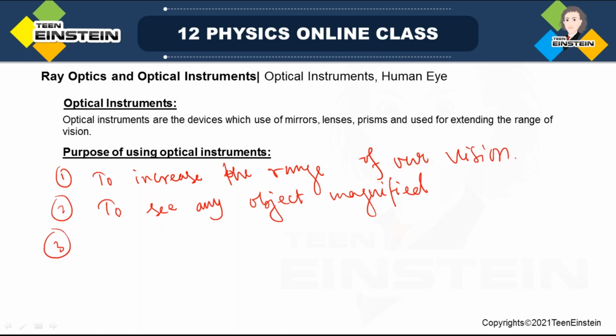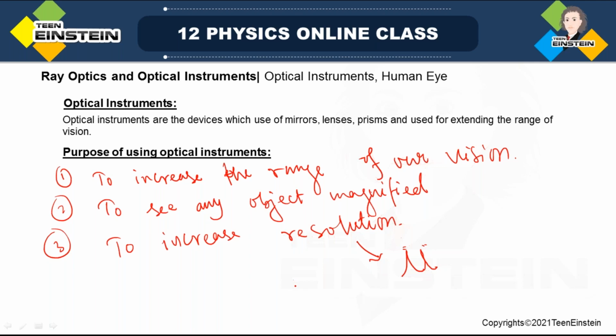So not only that, the third purpose is to increase the resolution, and I'll tell you what resolution is. Resolution means if there are two objects nearby, very close to each other, and some microscope can see these two objects distinctly, then that has greater resolution.